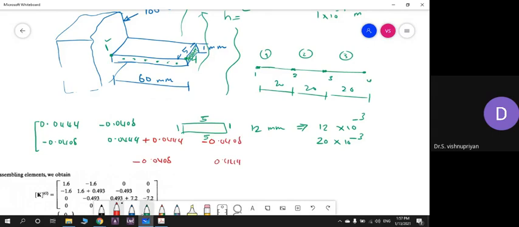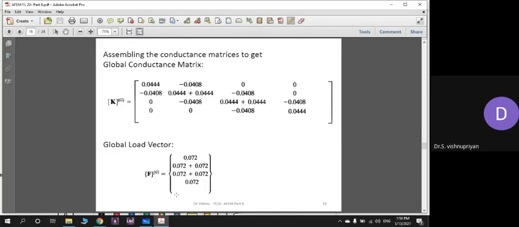And then the third element, start from here, plus 0.0444, minus 0.0408, like this. So we have a 4x4 matrix. This is quite a simple thing now, because we have been doing it for the whole semester. So this is what you get as the global conductance matrix.